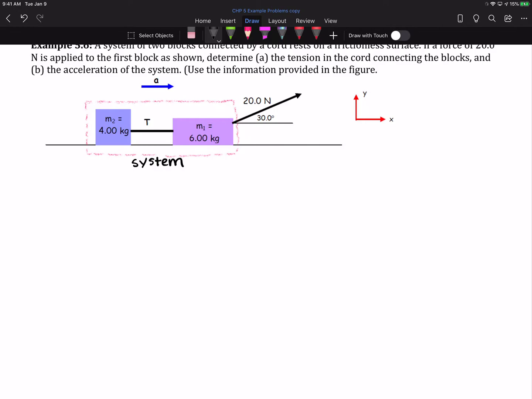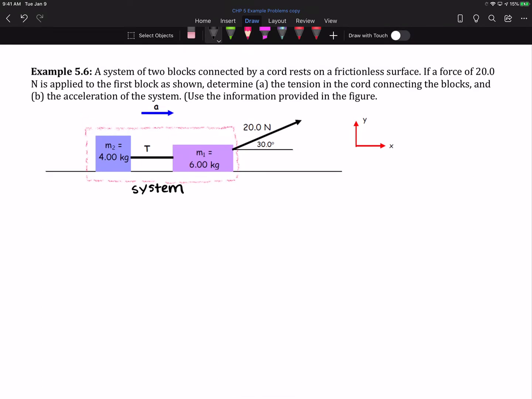I can draw a free body diagram of my system. I guess I should back up for a minute. We already have our coordinate system, which has been provided. We have an x direction, which is horizontal to the ground, and the y direction, which is vertical. We're asked to find the acceleration of the system, and that's been drawn in our picture as well.